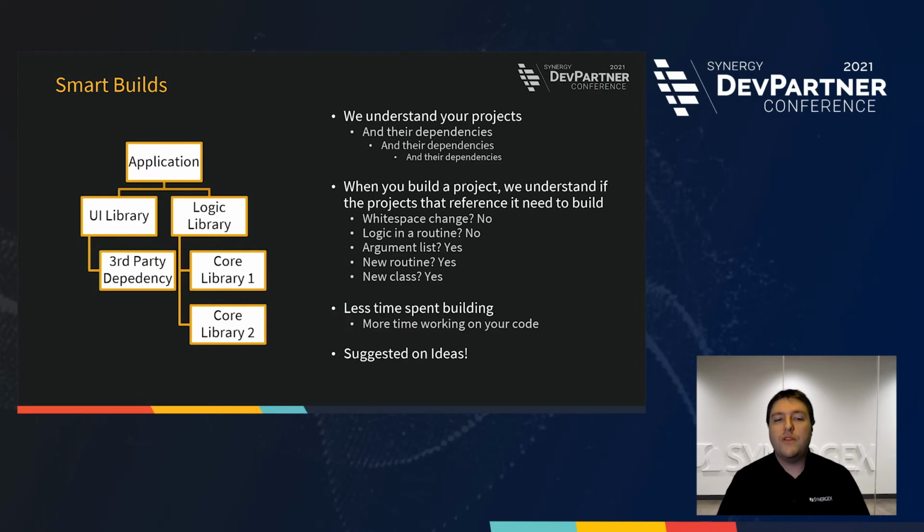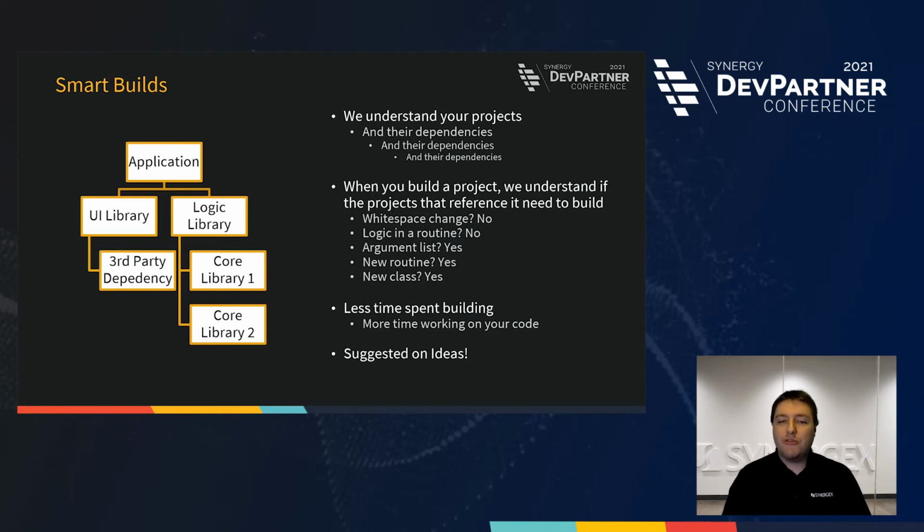All of the features that we are covering today are great quality of life features for Synergy developers, but this next topic is really something special. All languages in Visual Studio can have some degree of smart decision making when it comes to picking and choosing which projects can build. But we take it a step further with Synergy.